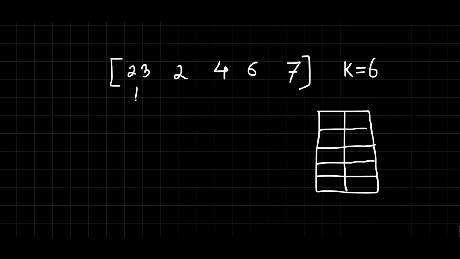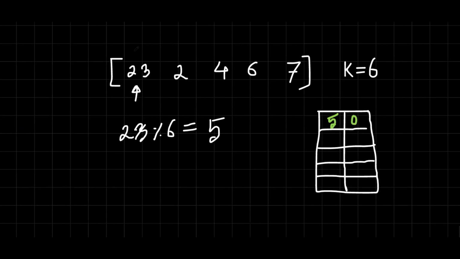Now suppose currently we are at this position, 23. So here 23 modulus 6 will be 5. So here we will store 5 and the current index position is 0.